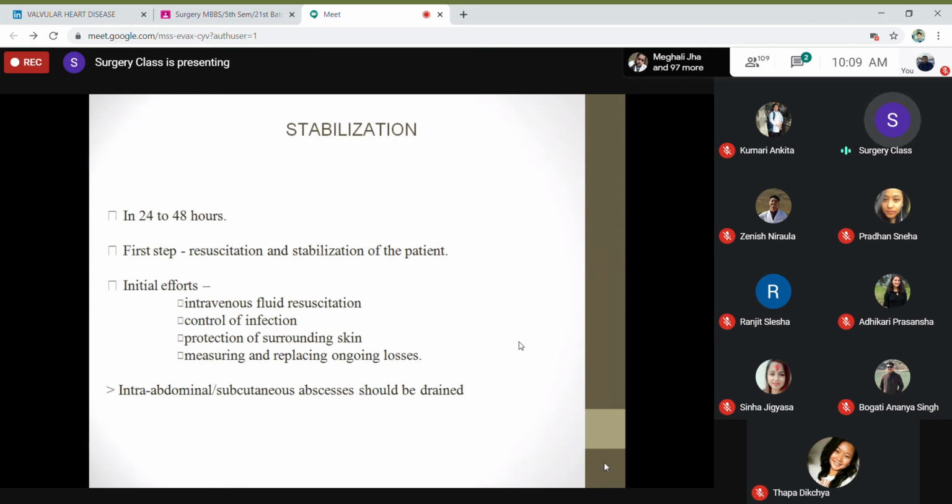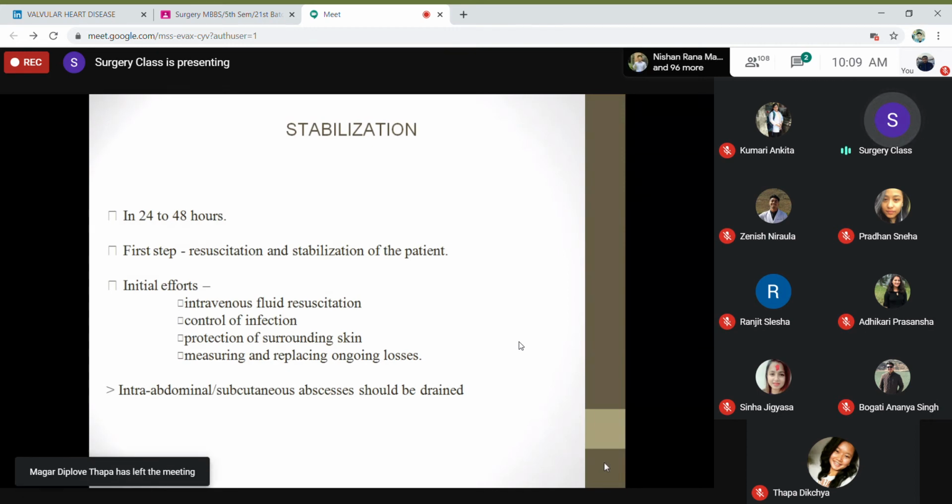You can change the antibiotic later on. You also have to protect the fistula tract and the surrounding skin, because bile is very, very toxic to the skin. So you apply an ointment or paste like zinc oxide, which will not let the bile come in contact with the skin and prevents excoriation.